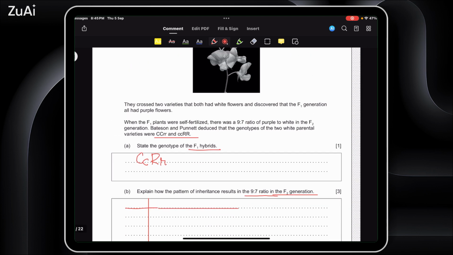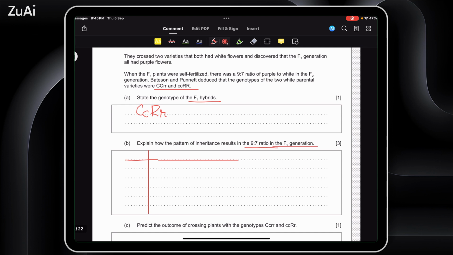We have capital C, small r, capital C, capital R, capital C, small r, small c, capital R, small c, small r.